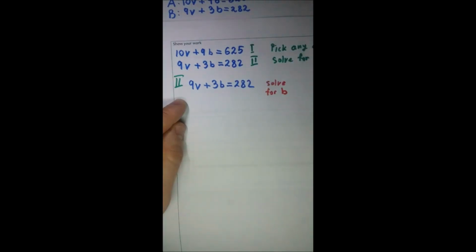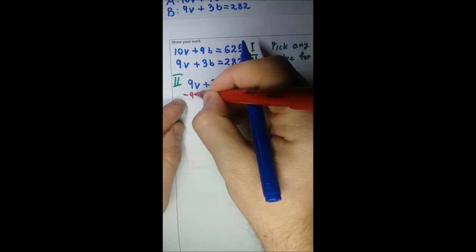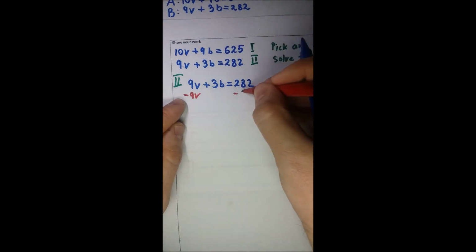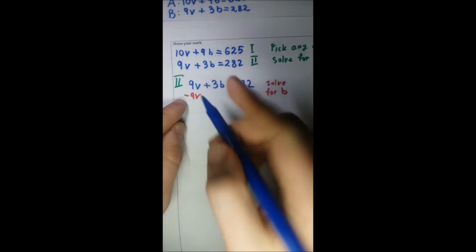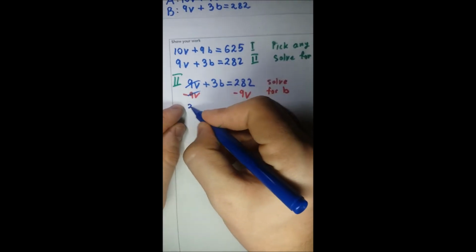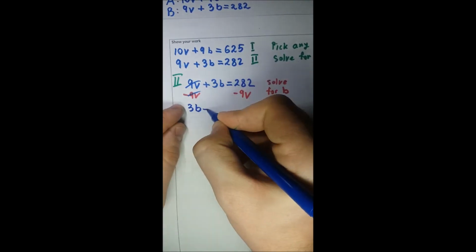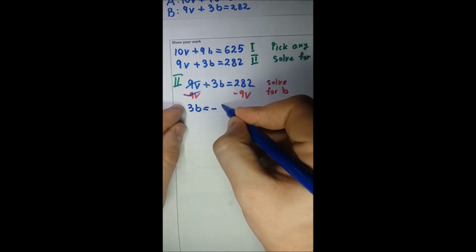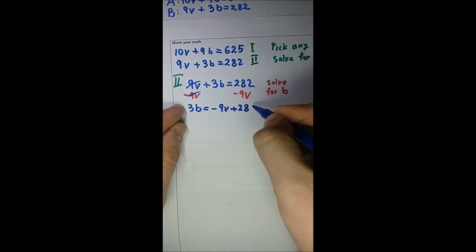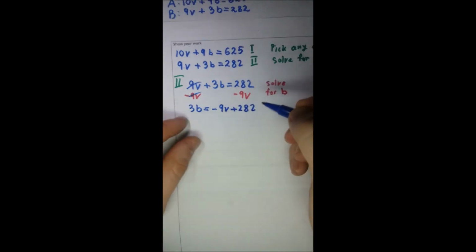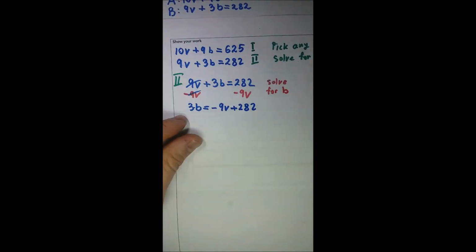Now, to do that, I need to subtract 9V from both sides. One from the left of the equal sign, one from the right. 9V's are gone, so we get 3B equals negative 9V plus 282.